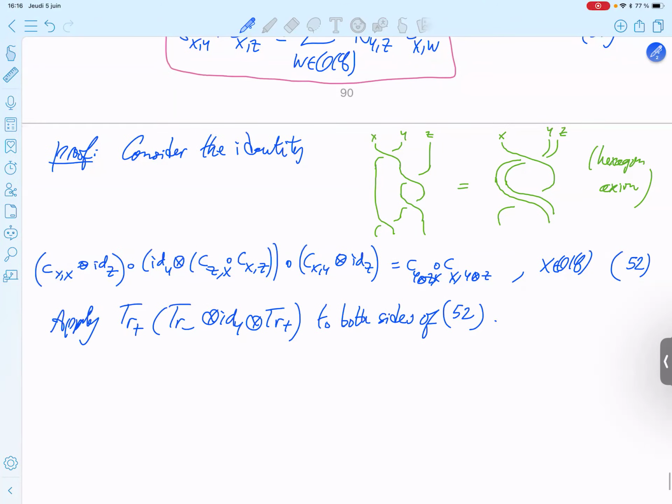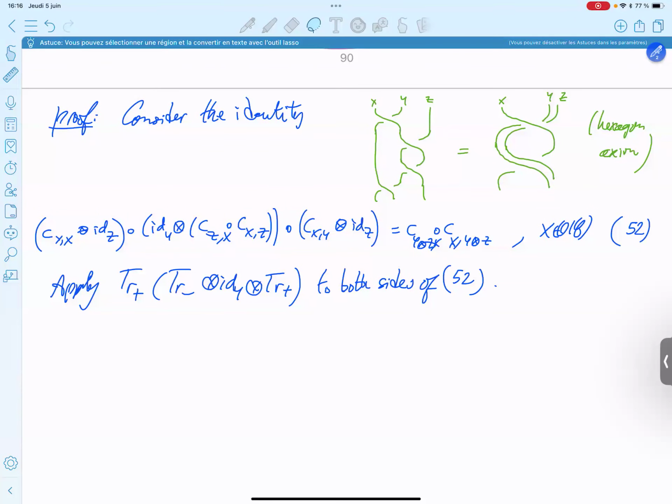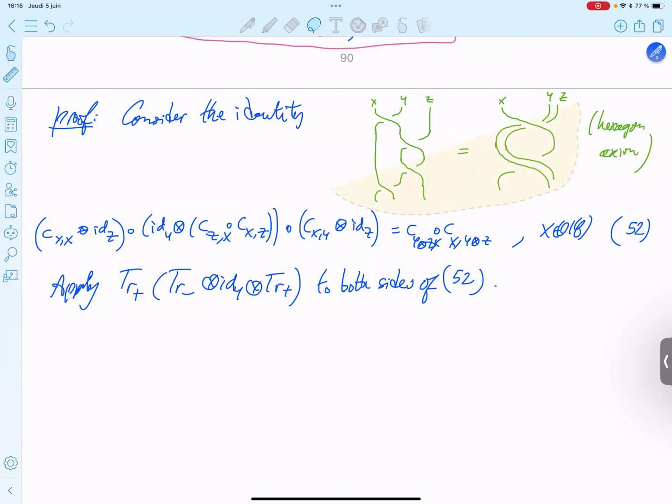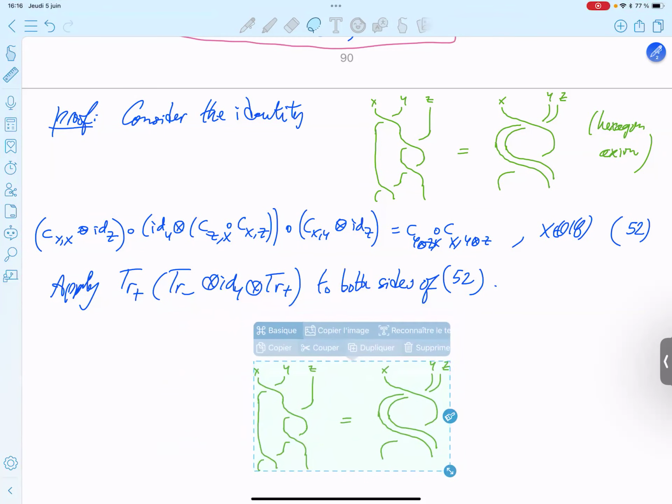Okay. So let me copy and paste this picture, and we will apply the appropriate trace.